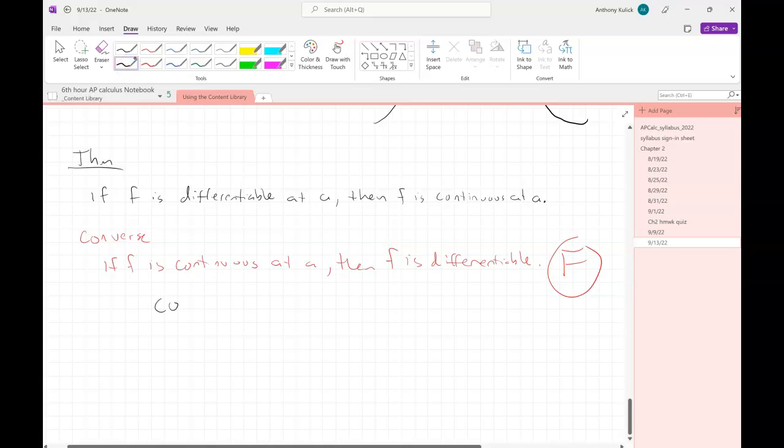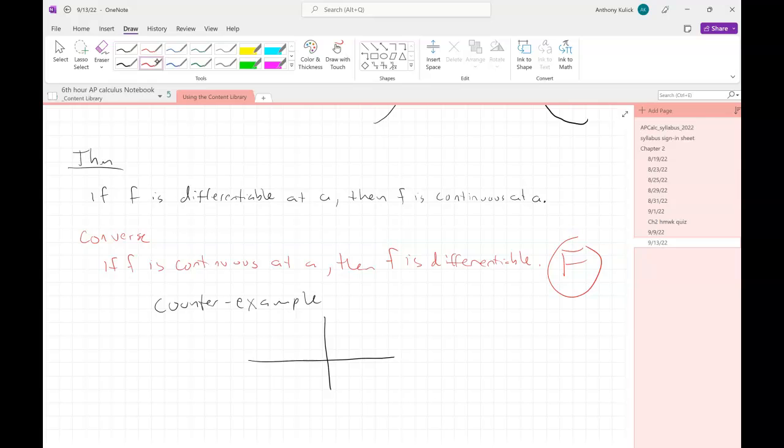That last one, the removable discontinuity? Sorry, John. Well, no, because those aren't continuous. Oh, the absolute value function, right? This is continuous at x equals 0, but not differentiable at x equals 0.